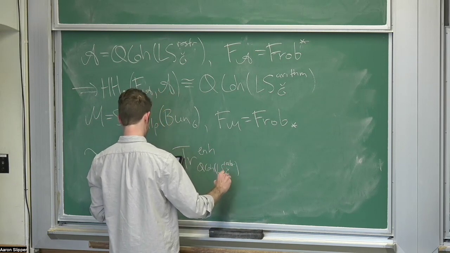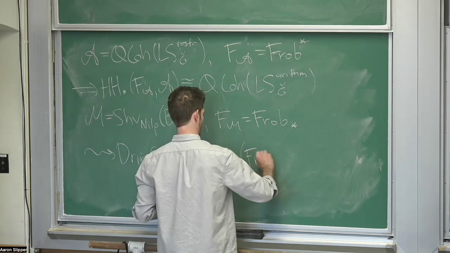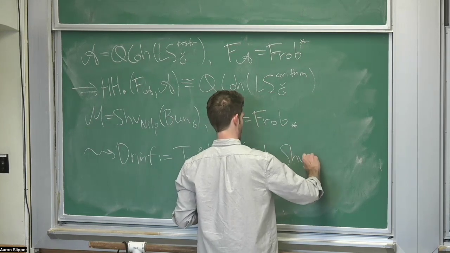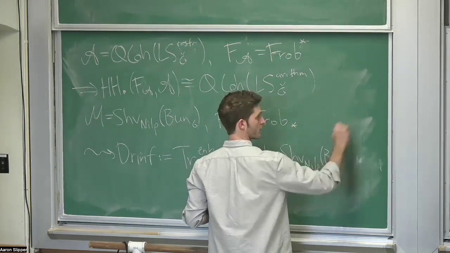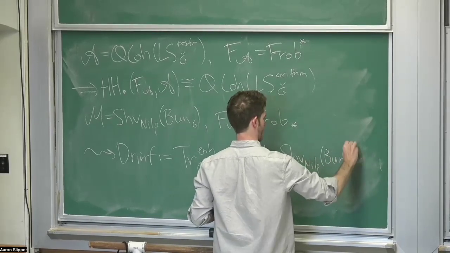Okay, so it's going to be the enhanced trace with respect to the action of this category of Frobenius lower star acting on sheaves with nilpotent singular support, which we just said a minute ago is exactly unramified automorphic forms.